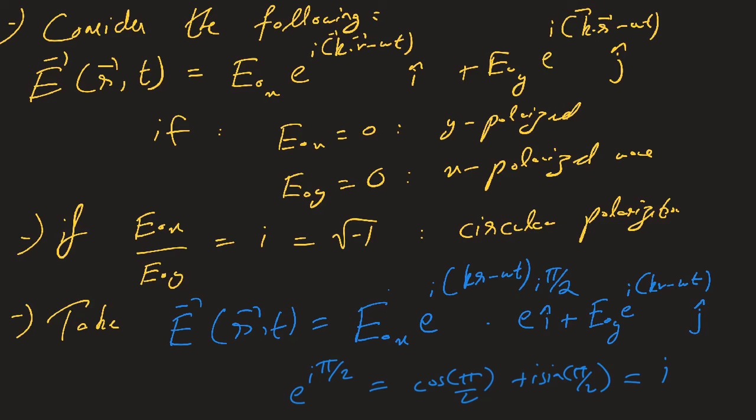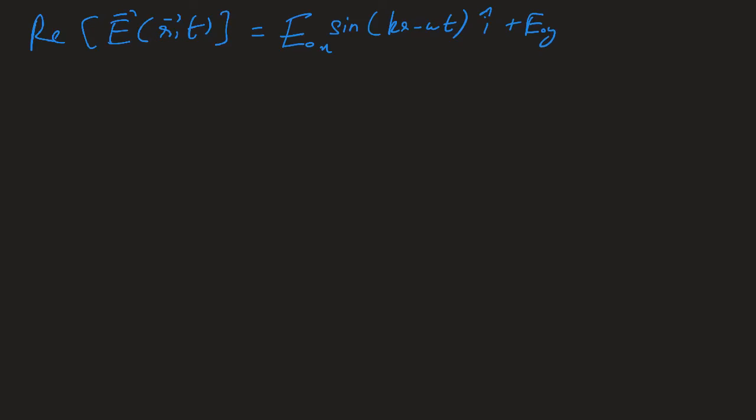What this does is that when we take the real part of this wave, of this electric field, we get E naught x sine of kr minus omega t i hat plus E naught y cosine of kr minus omega t j hat.